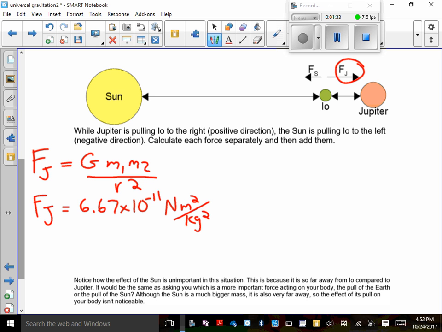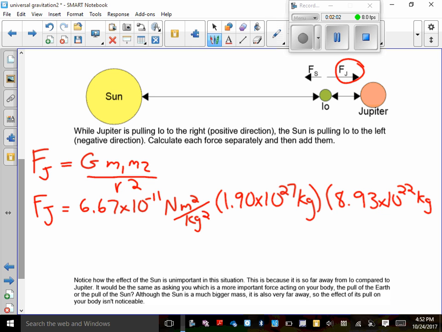Okay, the two masses involved are Jupiter and Io. So Jupiter was 1.90 times 10 to the 27 kilograms. And then we also have Io, which from the table above said 8.93 times 10 to the 22 kilograms.